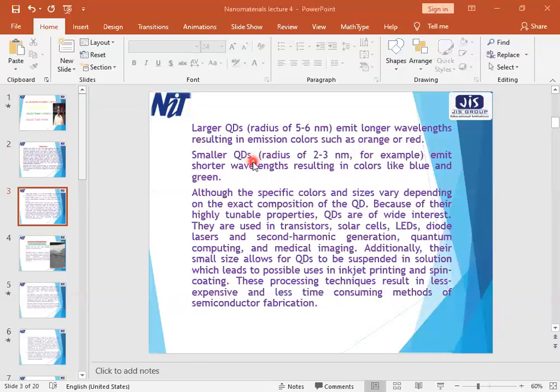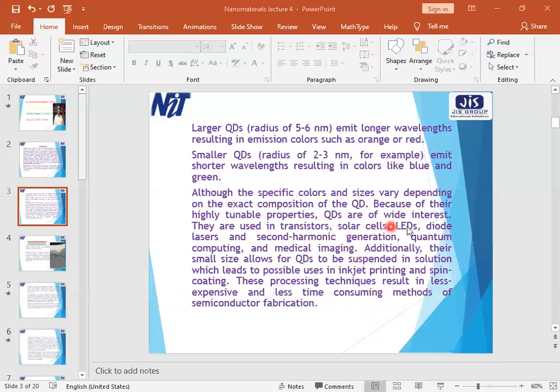Smaller quantum dots of radius 2 to 3 nanometer or 1 nanometer emit light of shorter wavelength like blue or green. Although the specific colors and sizes vary depending on the exact composition of the quantum dots, because of their highly tunable properties. They have very high tunability.